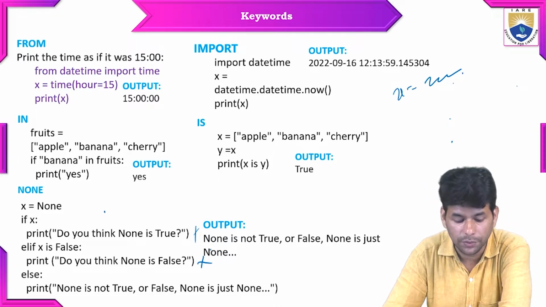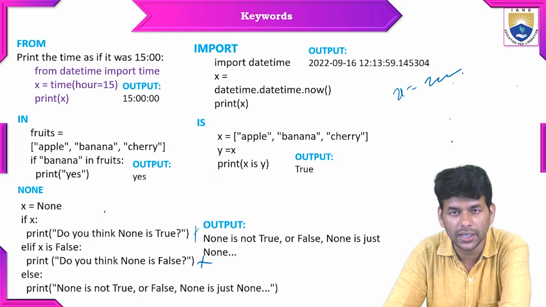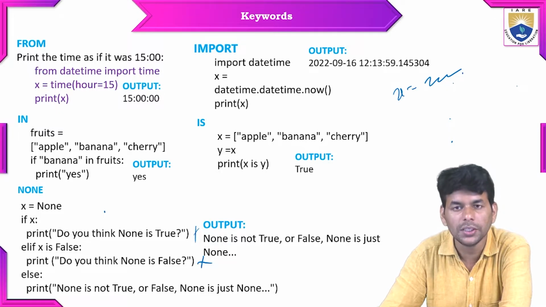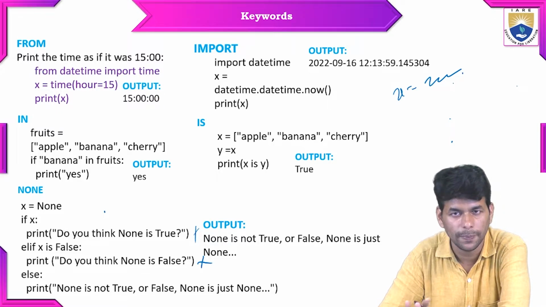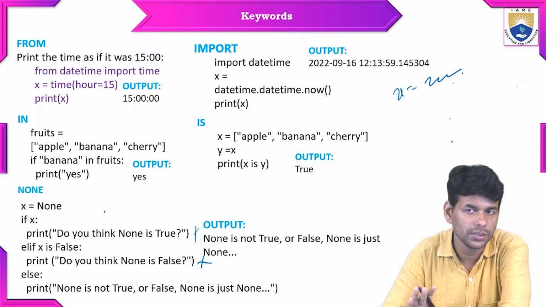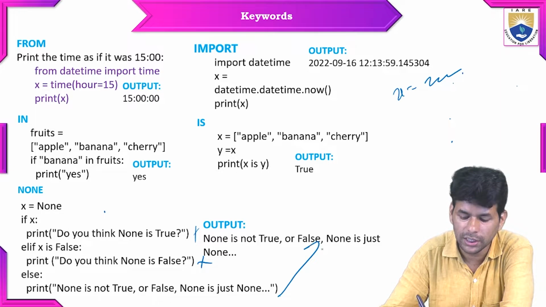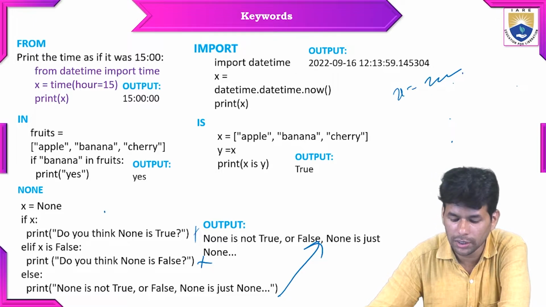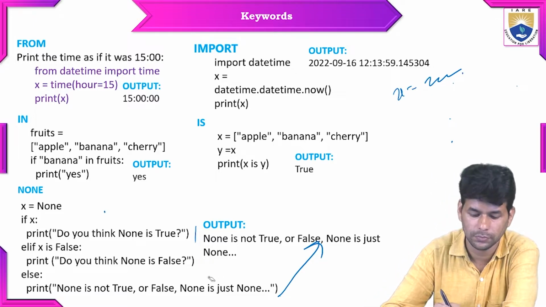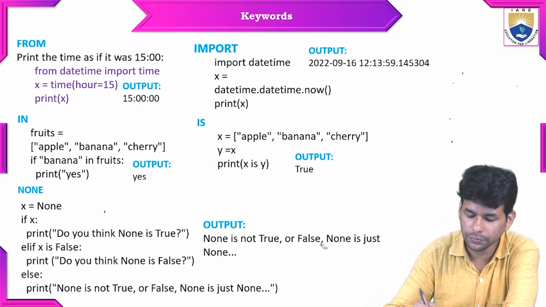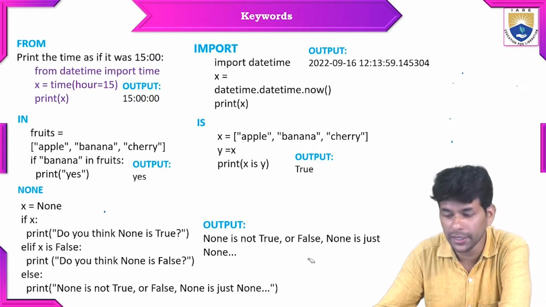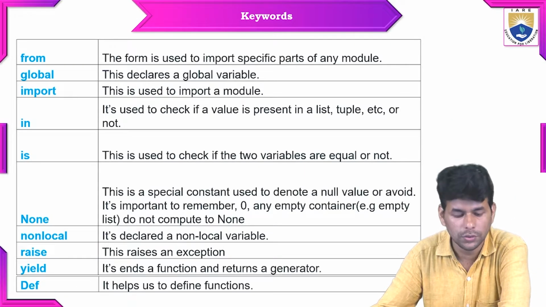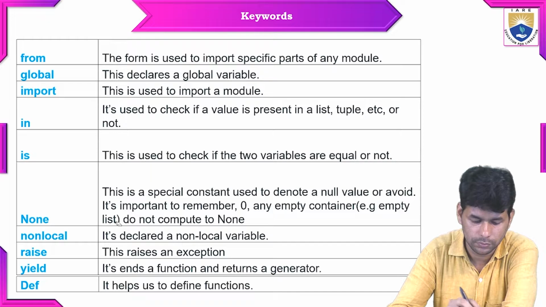If the first and the second are not executed, the last step has to be executed by default. Is it confirmed? The output has to be printed as the third one. So None is not true, not false, None is just None. That's it. So this is about the None keyword, and the None keyword is over.